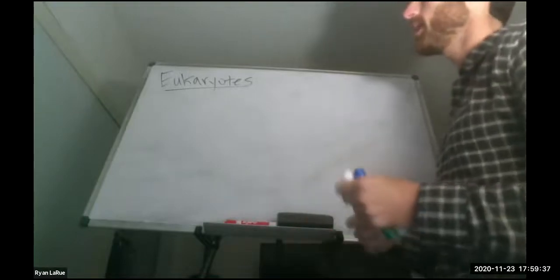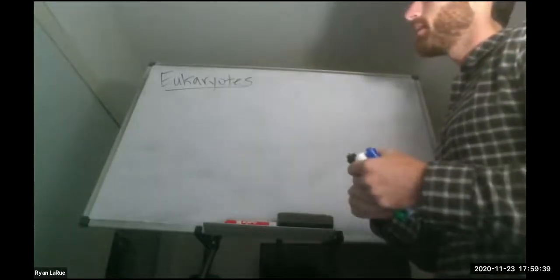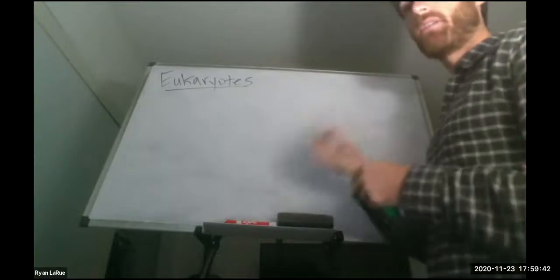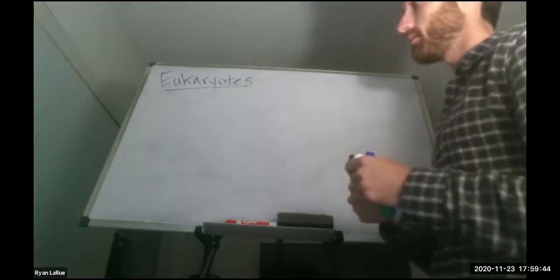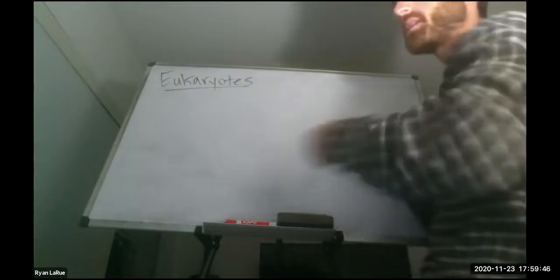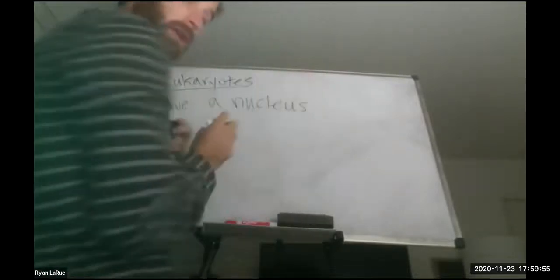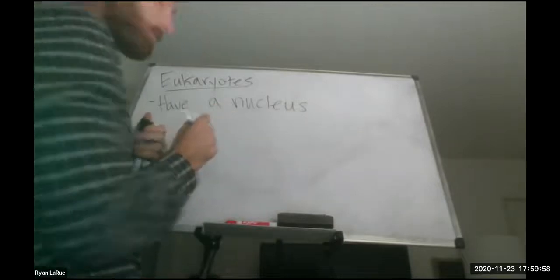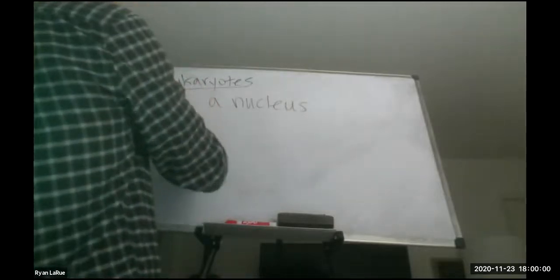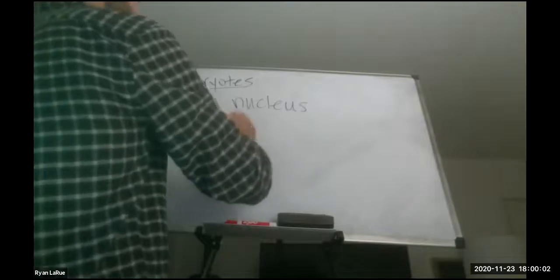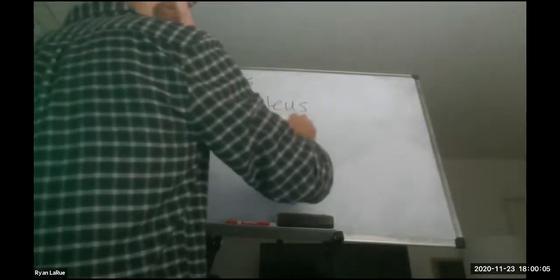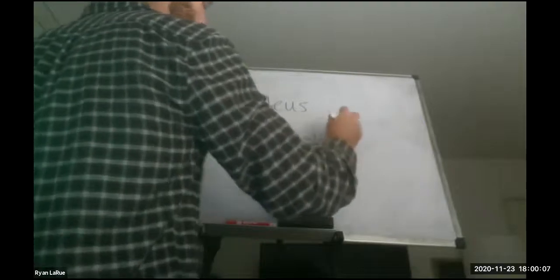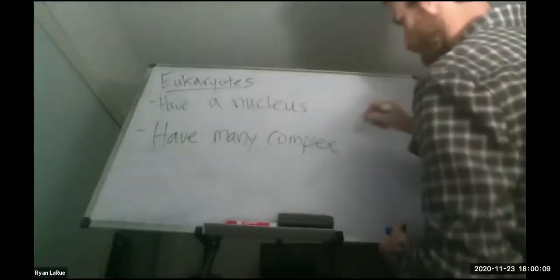Anything within this domain is composed of cells of these characteristics. So they have a nucleus containing the genetic information, DNA. And they also have many complex membrane-bound organelles, as we know.